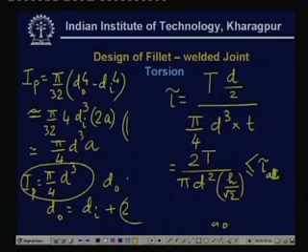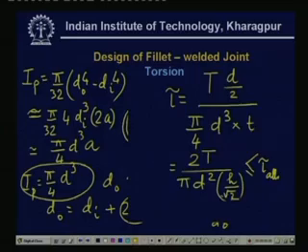So, we know how to design the fillet welds for a torsional member. For many other cases, you can find out the polar moments for a thin strip and then use a similar formula.